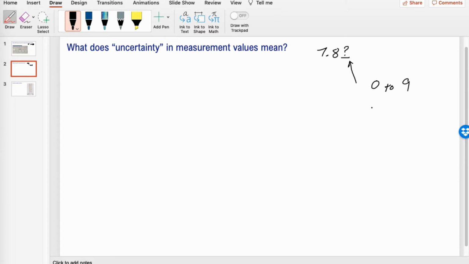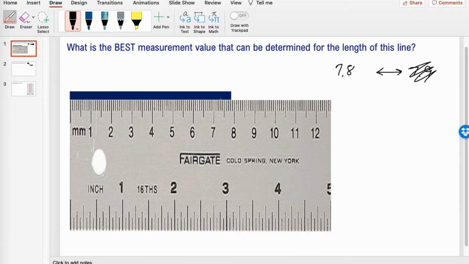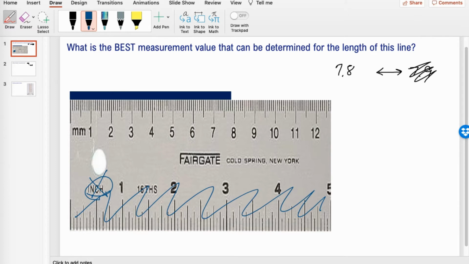If we go back, remember, we're dealing with the metric system. So if you have an answer that was in inches, your answer is wrong. If you said anything with fourths or sixteenths or halves, whatever the case might be, that is wrong because we do not use this bottom part here. This bottom part here is what we call the British Standard System.